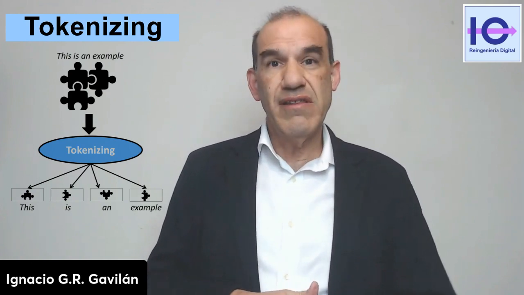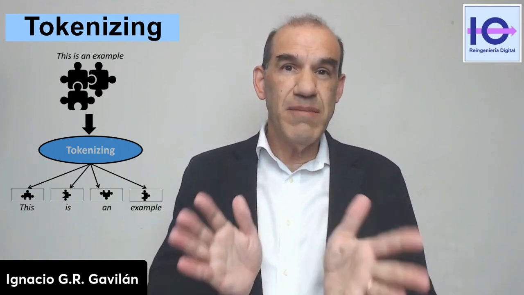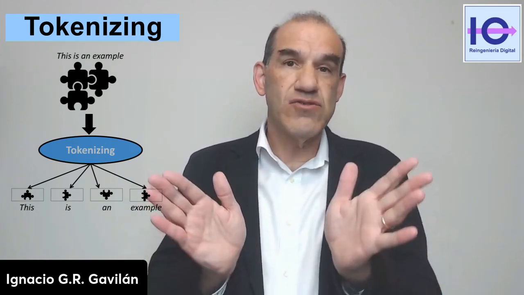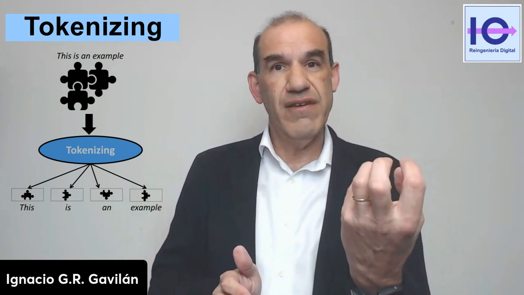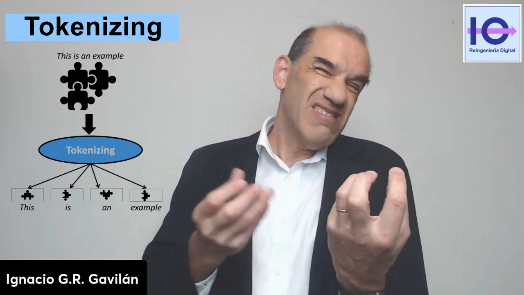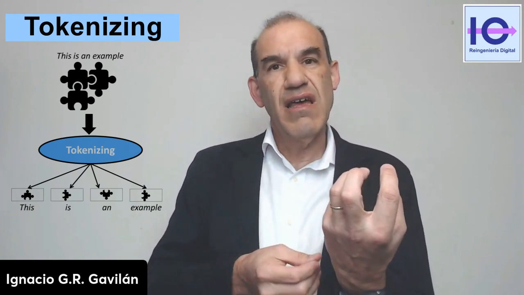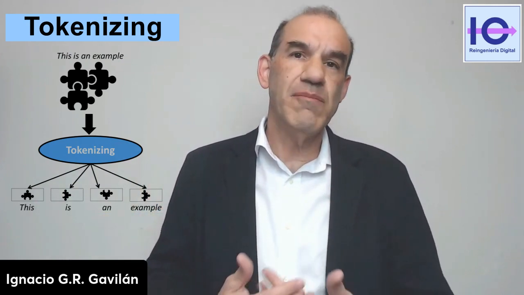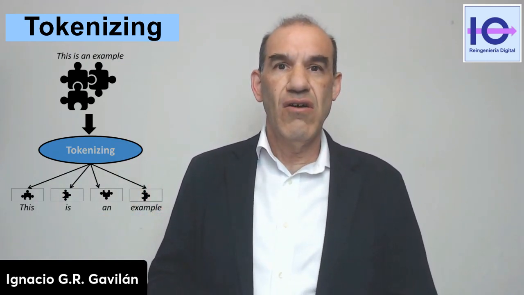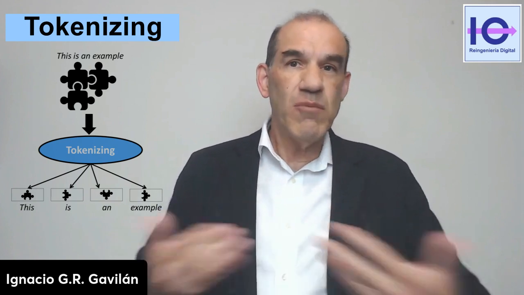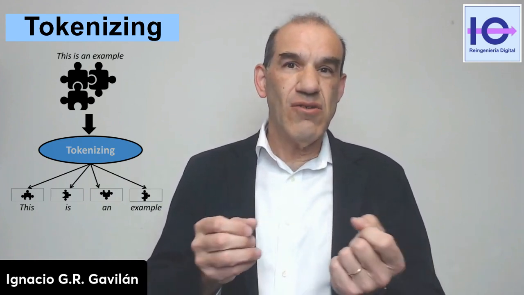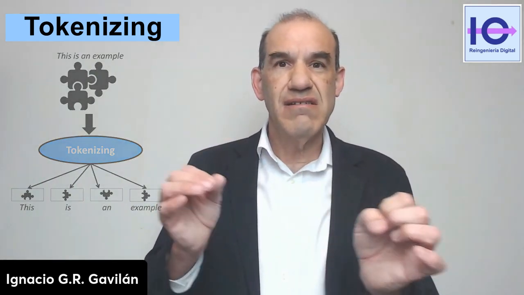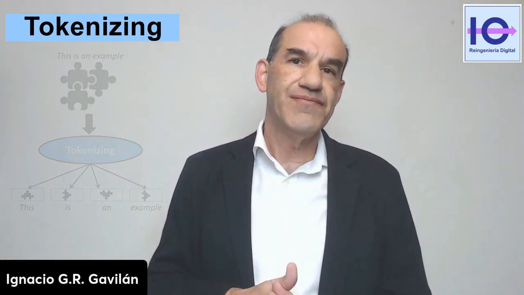For example, in the case of verbs, it's common dividing the single word, the verb, in two parts, two tokens: the root of the verb, that's the main meaning, let's say, and the ending that gives information, for example, about the tense. Or in the case of proper names, tokenizing usually involves considering each single character due to spelling.